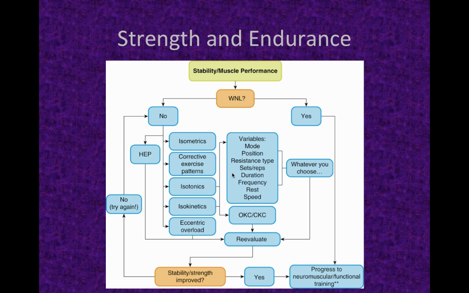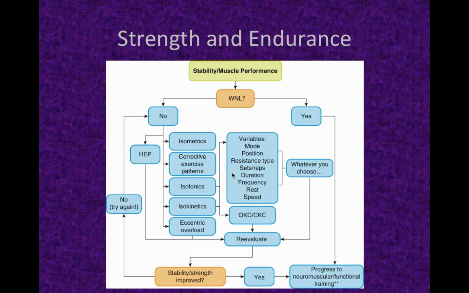Set it at say 60 degrees per second, and they're pushing as hard as they can against a lever arm, and it's going to move at 60 degrees per second, and you can measure as they go how the person is doing with that activity. So that is your hierarchy of progression for resistance exercises. I will walk through those with you in our small groups in class. If you have questions, make sure you bring those with you.